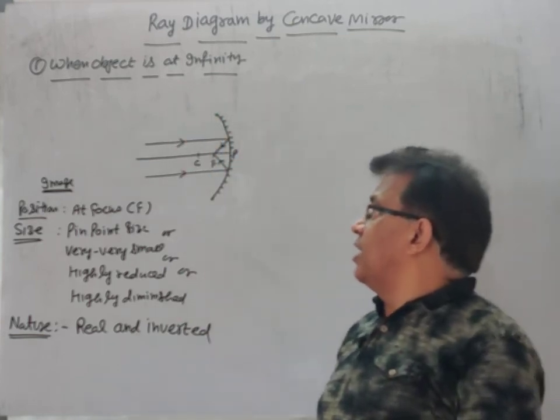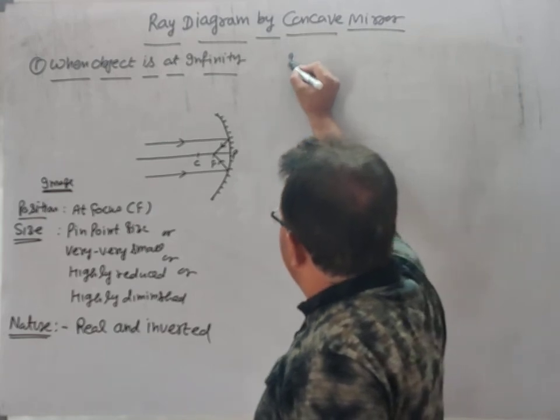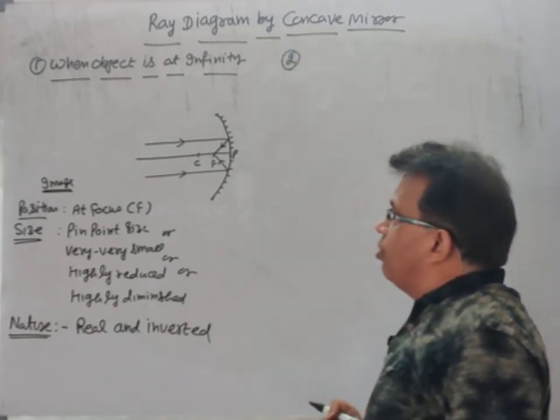So this is the first ray diagram. Then the second ray diagram: what is the position of the object?